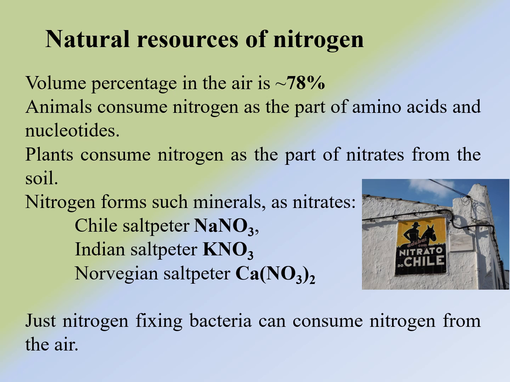As you can understand, there are a lot of compounds made of nitrogen, and namely in the Earth's crust there are salts like Chile saltpeter, Indian saltpeter, and Norwegian saltpeter. The word saltpeter is a synonym of the word nitrate.